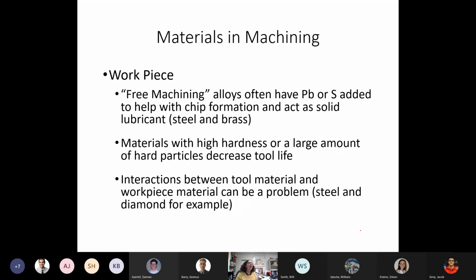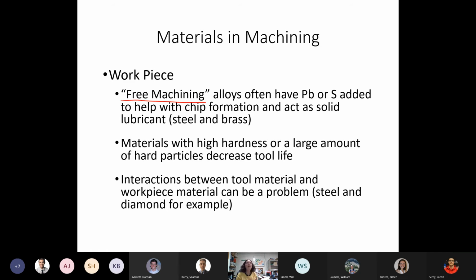Now, if we go through some of those independent variables, as we read about in our reading assignment, we sometimes have free machining alloys. From a property standpoint, I'm never really super excited about adding sulfur or lead to materials. It doesn't necessarily have a good influence on the mechanical properties or on the ability to heat treat.